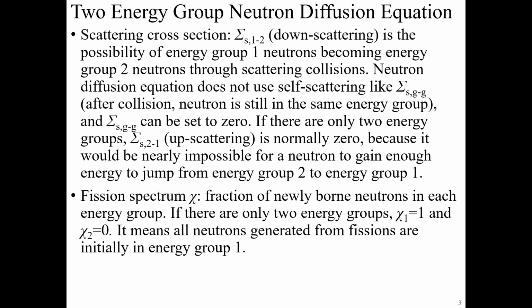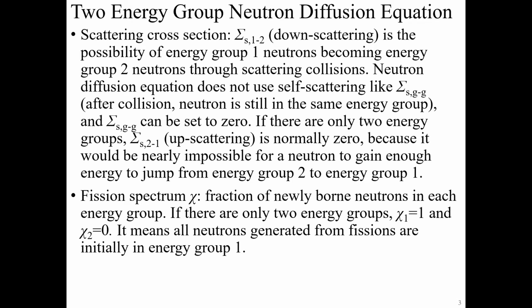After this scattering, the neutron loses energy, then the energy will be classified into energy group 2. This is called down-scattering. After this scattering, the neutron energy is reduced. So this is the probability of an energy group 1 neutron becoming an energy group 2 neutron through this scattering collision.